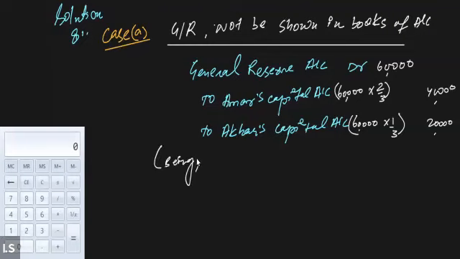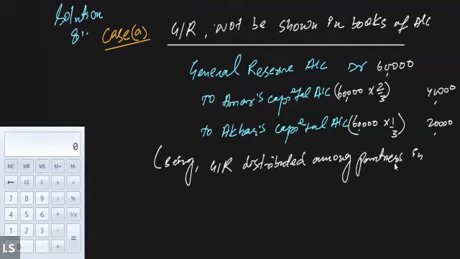And we can also write down the narration. Being general reserve distributed among partners in old profit sharing ratio. Tell me, everyone, if it is clear or not. Case 1 is clear, yes or no? Yes, sir. Please note this down.